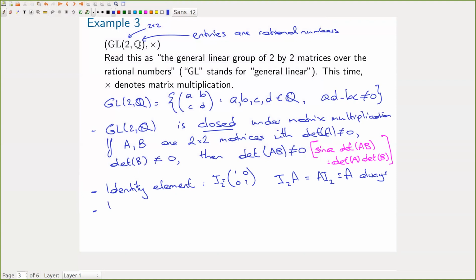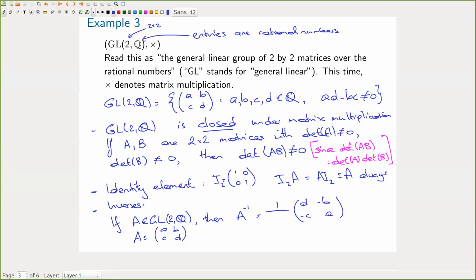And then the final thing is inverses. So if A is an element of this set, then the inverse of A, which is traditionally written A with a superscript of -1 in linear algebra, is of course the thing that you get if the entries of A are written A, B, C, D. Then the inverse of A is the matrix that would result from swapping the two entries on the main diagonal, switching the signs on the other two, and dividing the whole lot by the determinant.